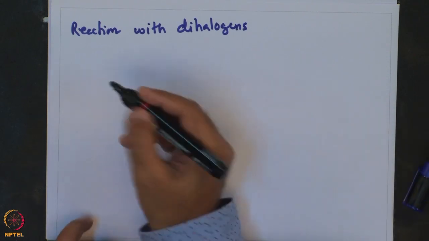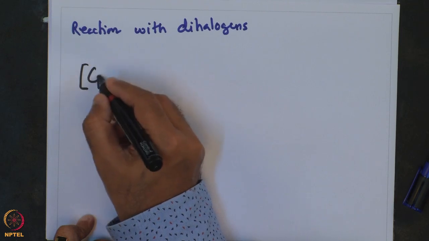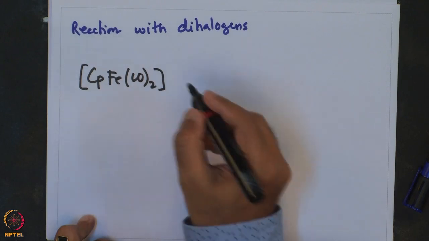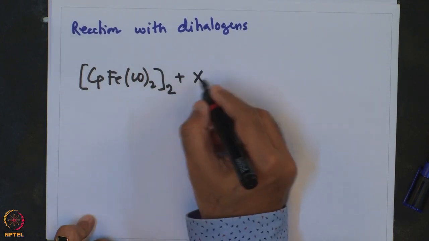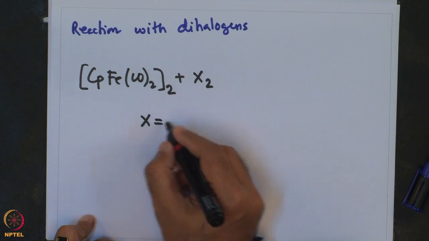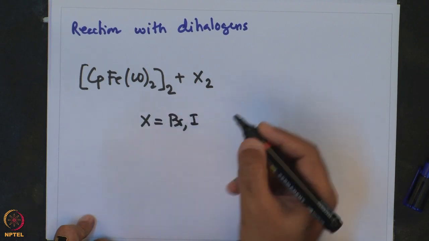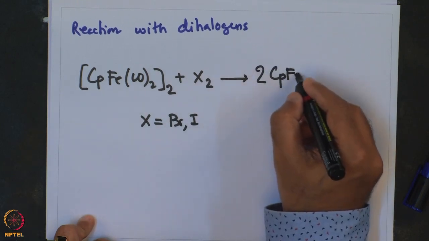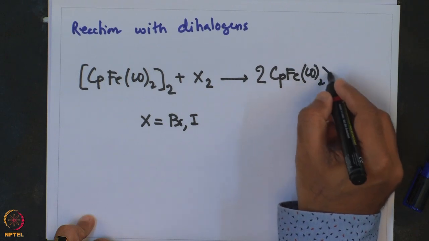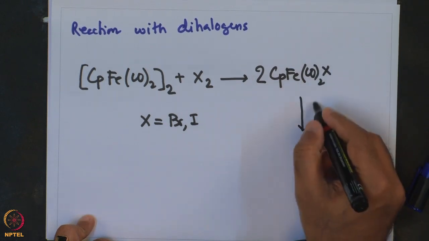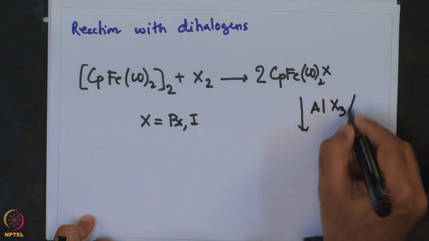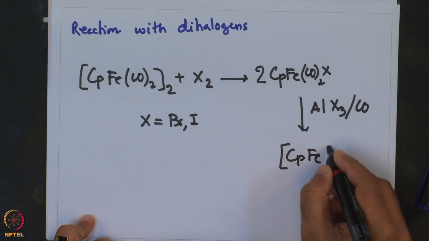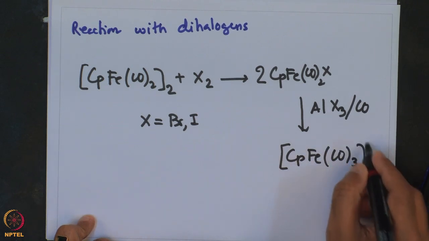This is illustrated by the reaction of the CpFe(CO)2 dimer plus X2, where X equals bromine or iodine, giving 2 CpFe(CO)2X, which on reaction with AlX3 and CO gives CpFe(CO)3X.